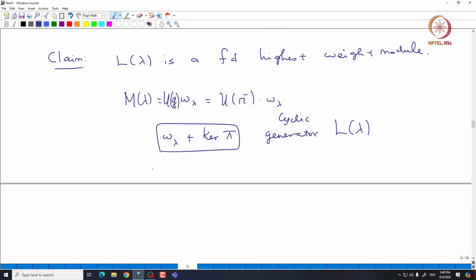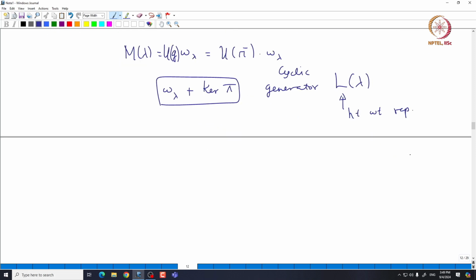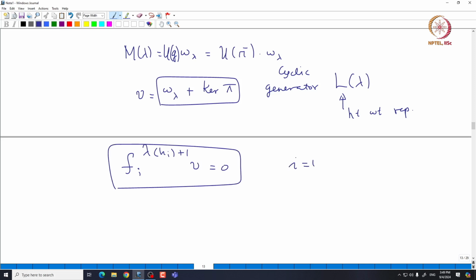So this says that L of lambda must be a highest weight representation, which is easy to see because it is a quotient of M of lambda. If you call this vector v, then y_i to the power lambda of h_i plus 1 applied to v is indeed 0, for all i ranging from 1 to n minus 1, which is exactly the indexing set I.